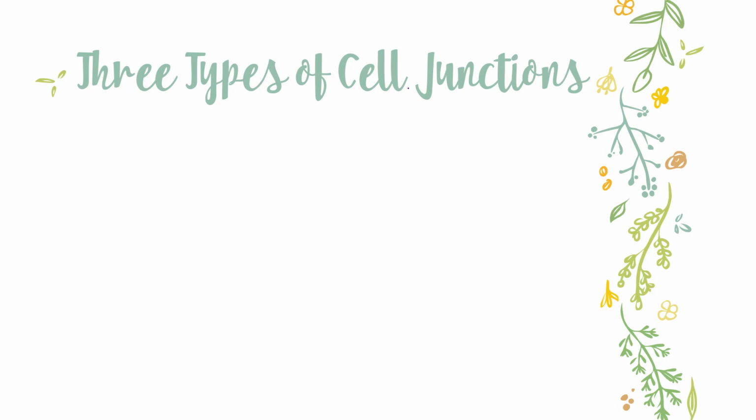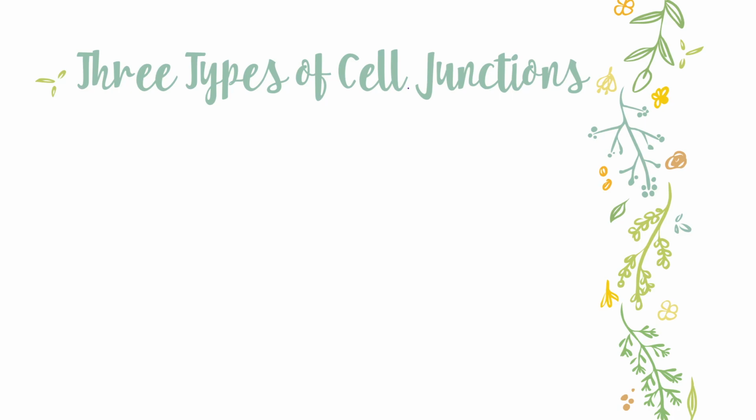Before pointing out the three types of cell junction, let's discuss what a cell junction is. From the word junction, you get an idea that its role is connecting individual cells together into a multicellular organism.